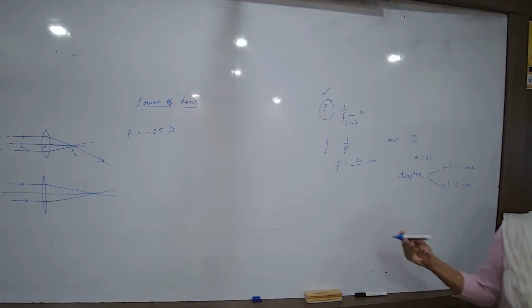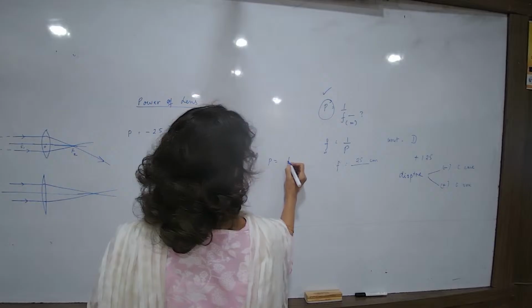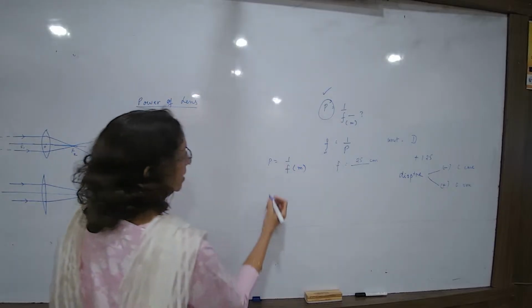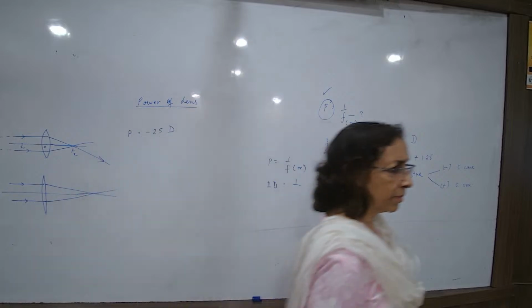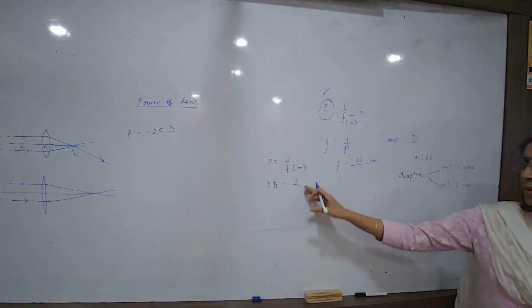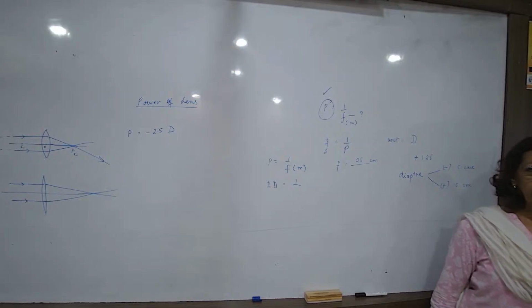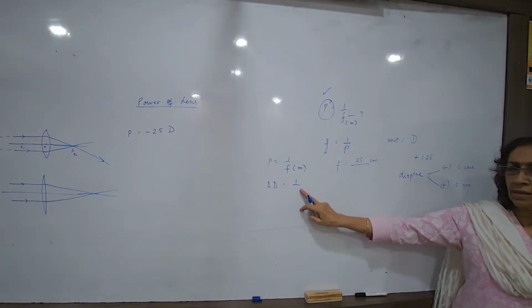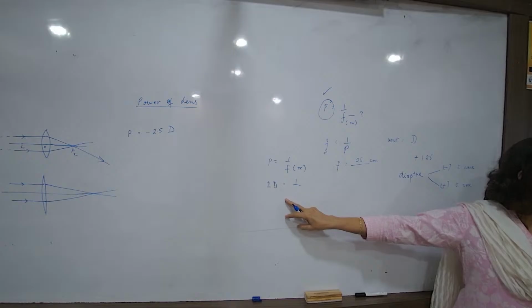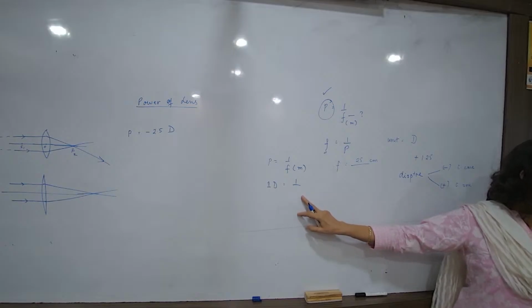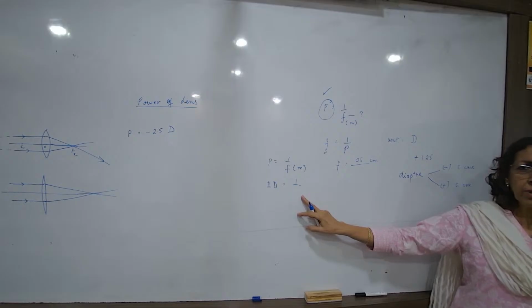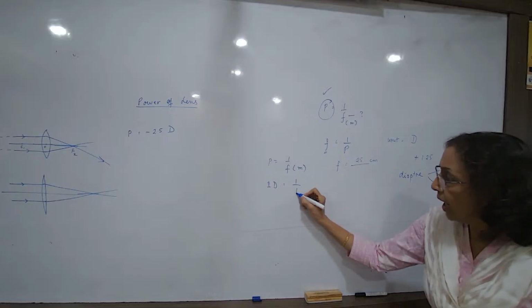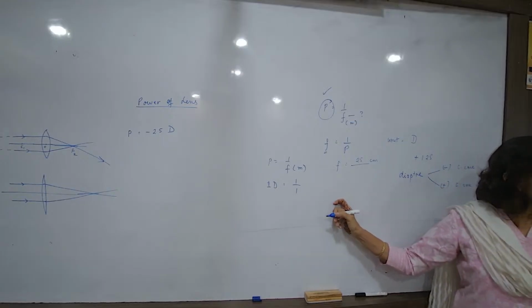Now let's look at this formula. P is equal to 1 upon F, and we know that F is in meters. Suppose I say P is 1 diopter. What does it tell us about the focal length F? If somebody is using glasses of 1 diopter, F is going to be 1, and it is in meters.